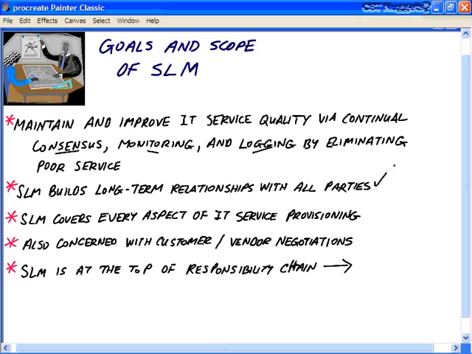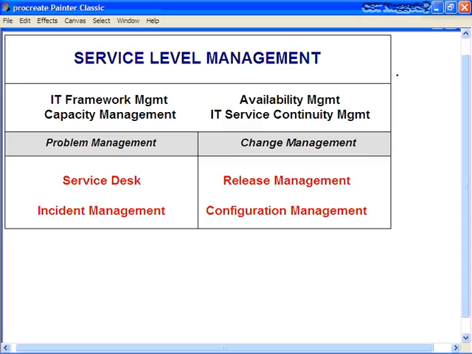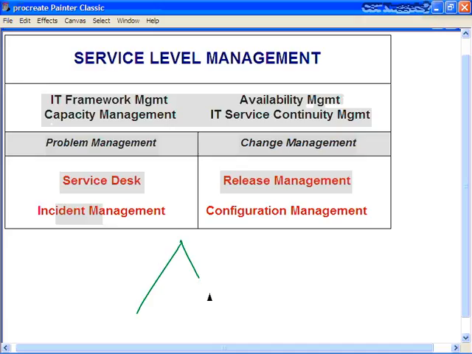Let me show you. Here's some concepts I alluded to earlier in this Nugget series. And notice how service level management is at the top of this. We can call it a food chain, or I could have drawn this out as a pyramid. And if I would have, we would have up here in this top third, service level management, SLM.